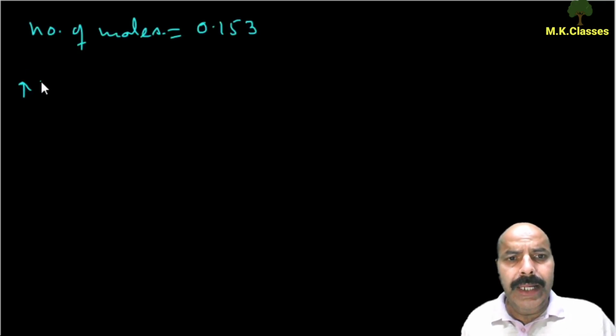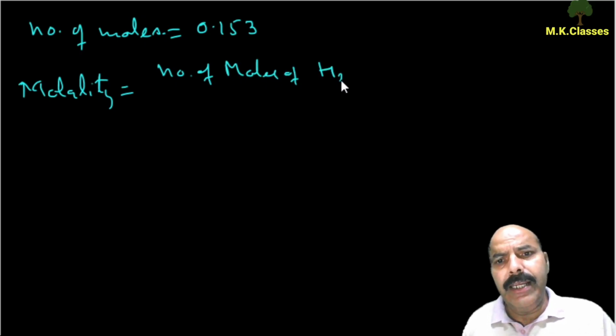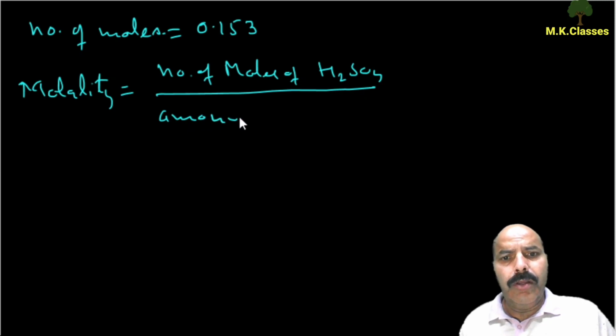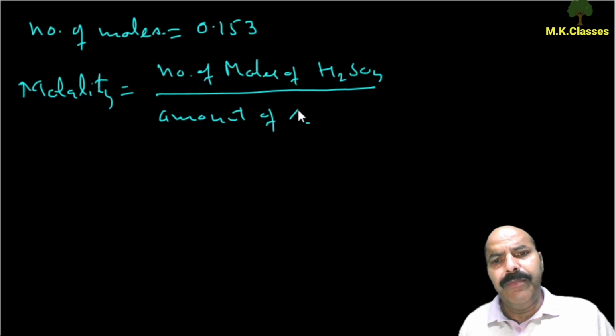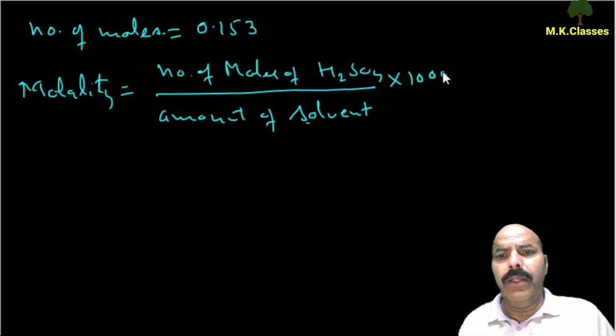So molality here is nothing but it is equal to number of moles of sulfuric acid H2SO4 beta upon amount of solvent, is that clear, into 1000.